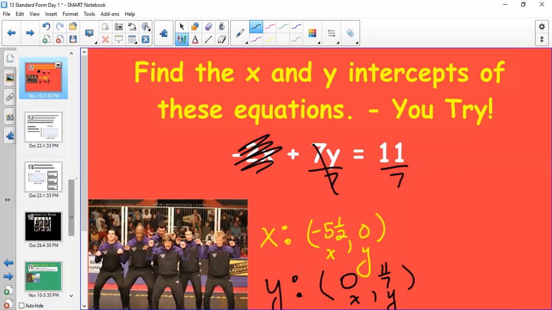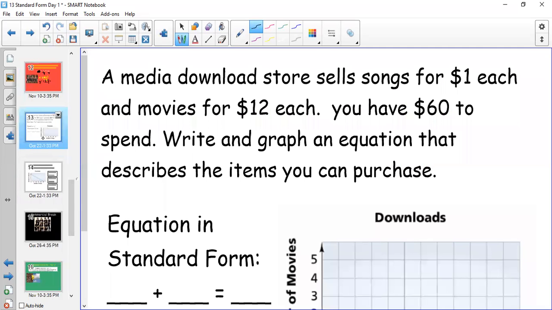All right, before the break, I told you that this is most often seen in the real world. So here's an example of a real world problem. On our test, there is one almost identical to this, so make sure you pay close attention to this problem. A media download store sells songs for $1 each and movies for $12 each. You have $60 to spend. Write and graph an equation that describes the items you can purchase.